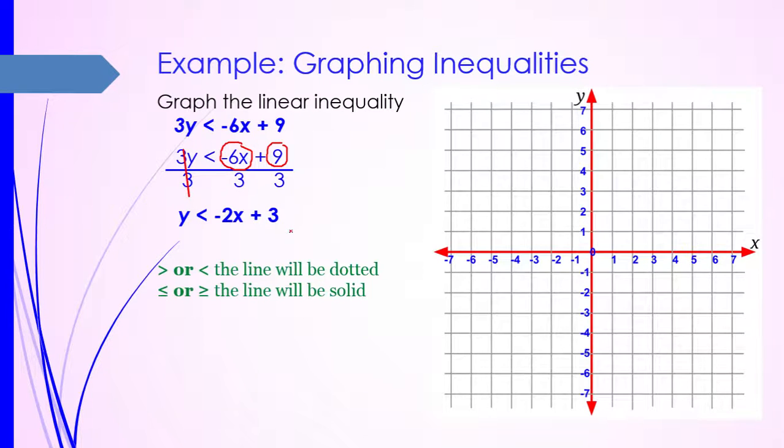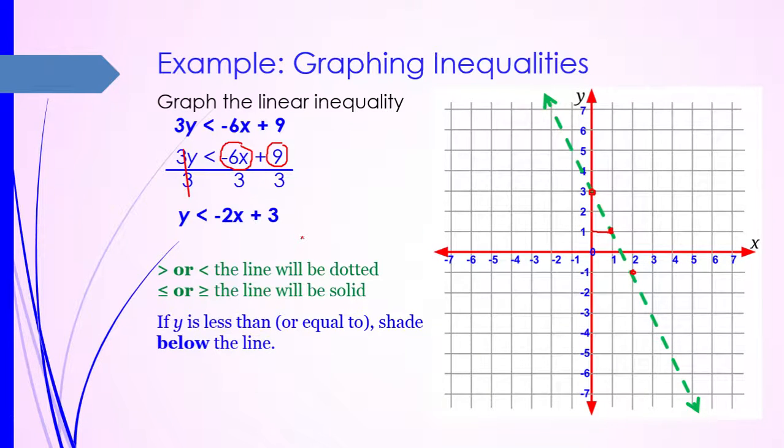You want to plot the y-intercept first, which is going to be 3, and then you want to use the slope to plot the next point. So the line would look like that, where the y-intercept is positive 3 right here. And if you go down 2, right 1, that should be the next point, down 2, right 1, so on and so forth. So that is the line for this inequality, and it is a dotted line or a dashed line.